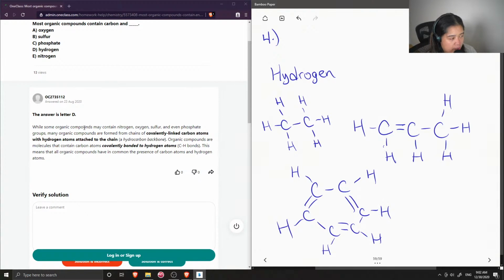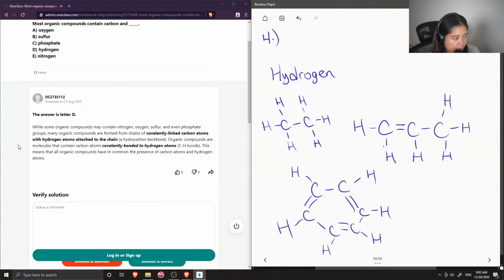And the junior tutor said that the answer is letter D. While some organic compounds may contain nitrogen, oxygen, sulfur, and even phosphate groups, many organic compounds are formed from chains of covalently linked carbon atoms with hydrogen atoms attached to the chain, a hydrocarbon backbone.